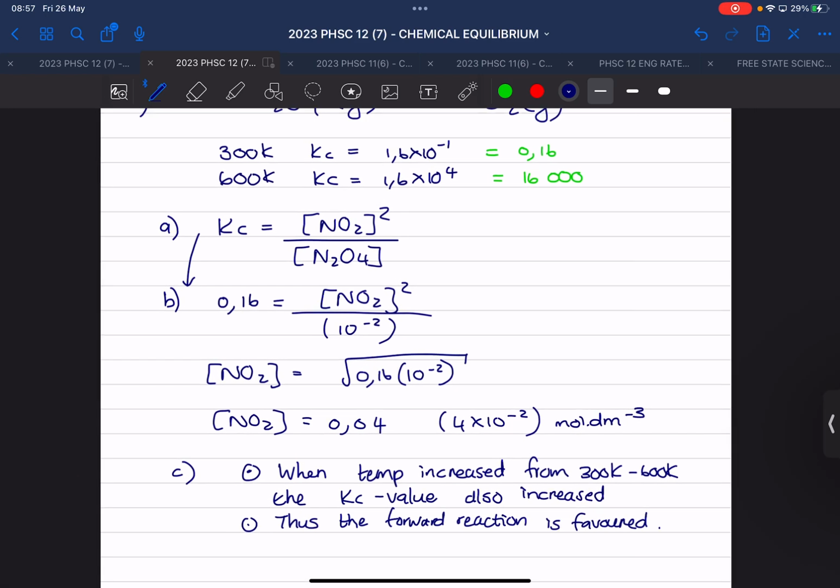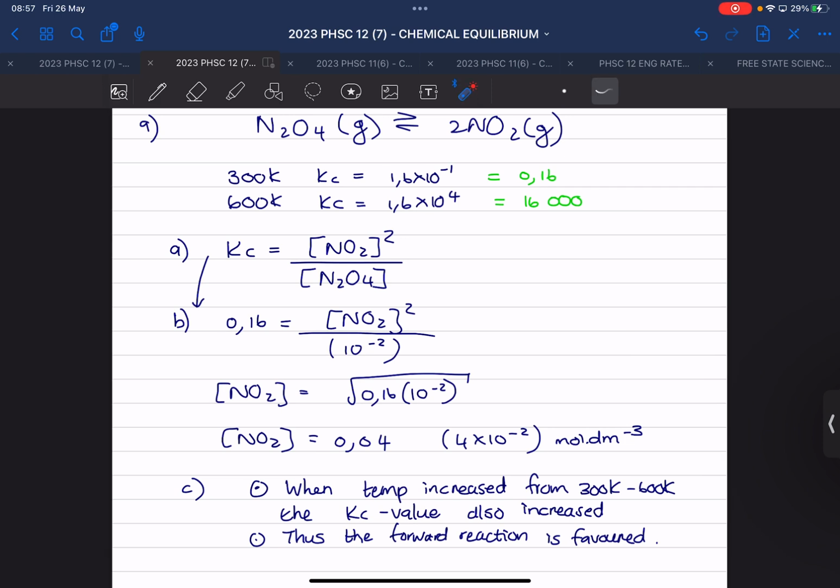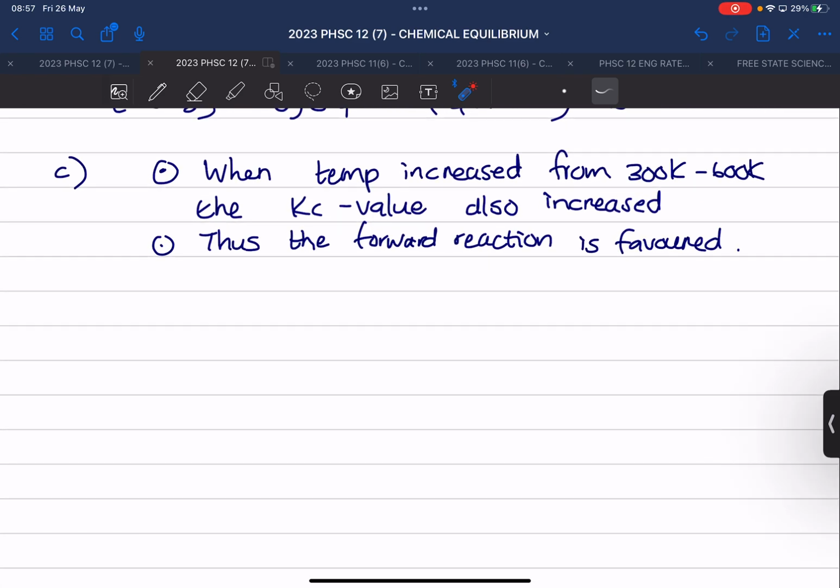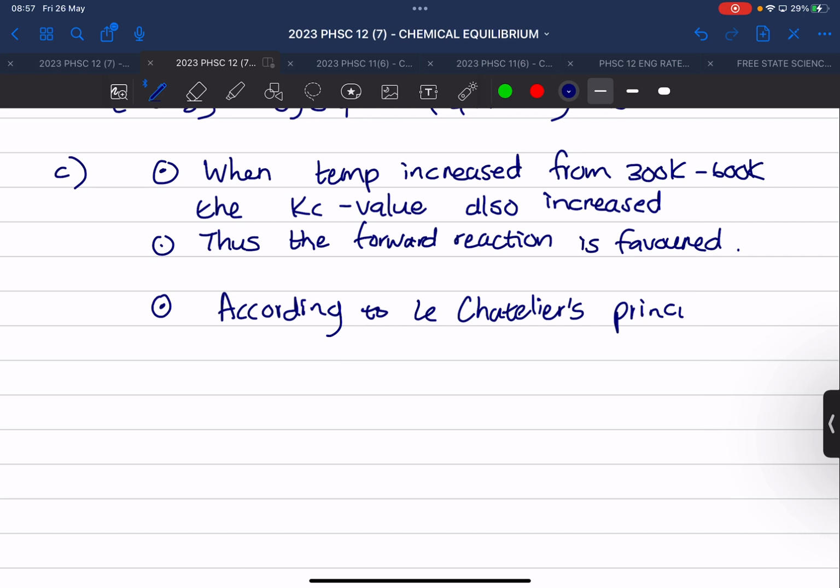Alright, so let's just check here. If the temperature increases, we saw the Kc value increase, meaning the forward was favored. Now, what is that golden sentence that we say? According to Le Chatelier's principle.